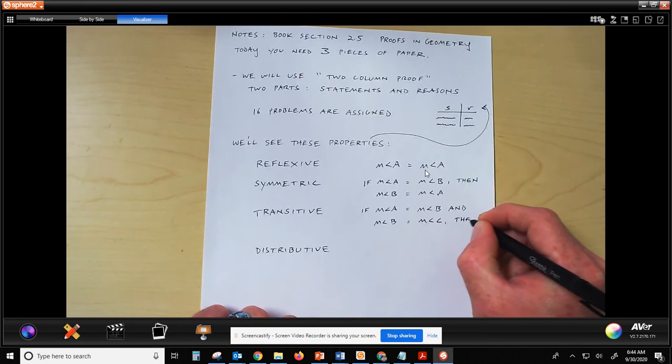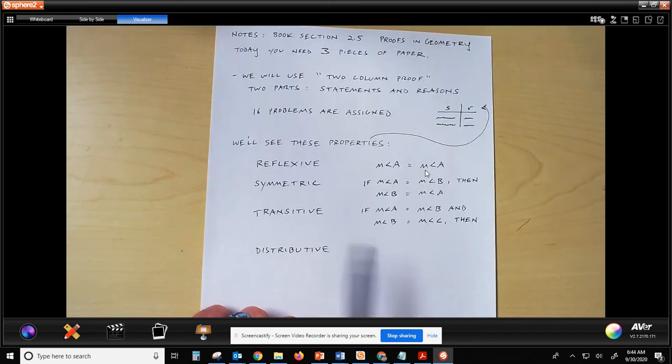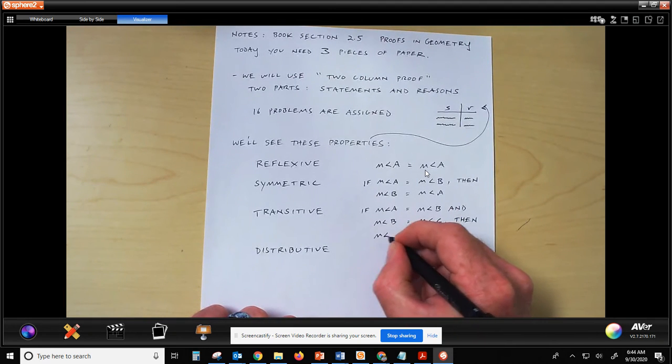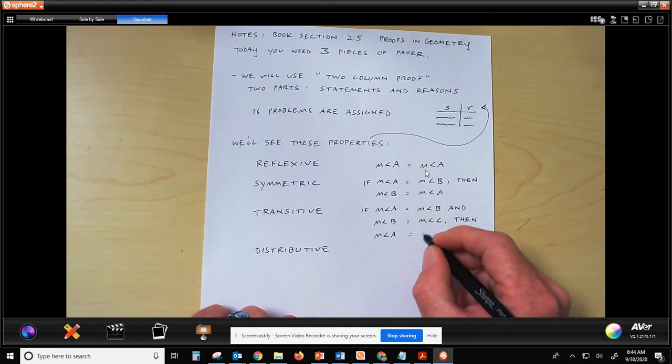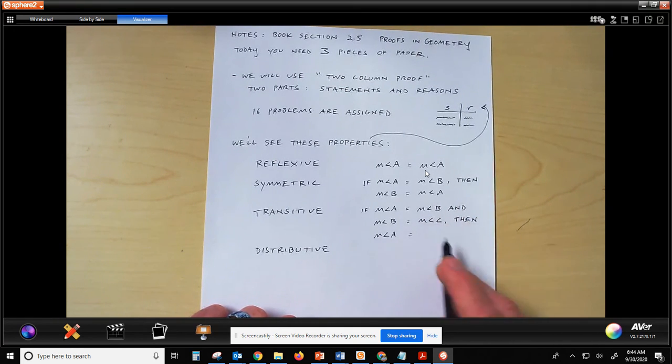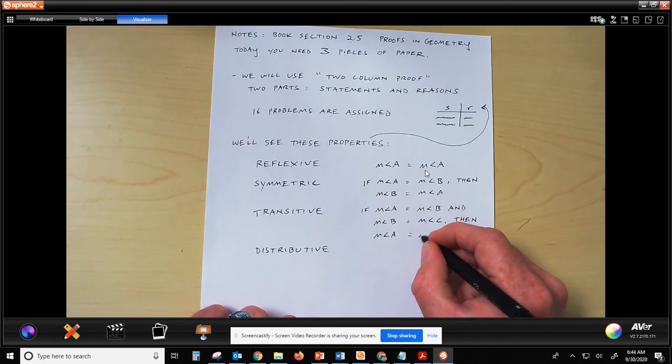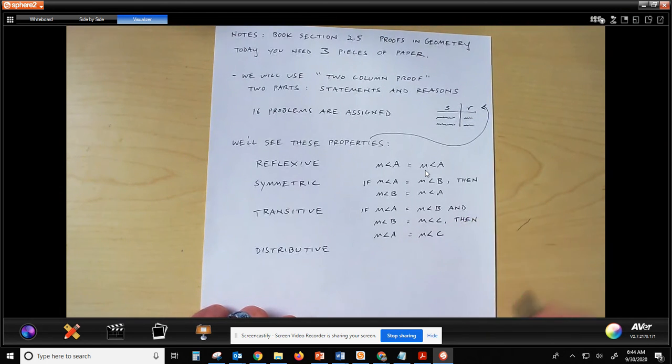Then we may say, by the transitive property of equality, we may make a leap that the measure of angle A is equal to the measure of angle C. We haven't seen this measure of the angle for a while, so this is useful today. And I want you to be refamiliar with saying the measure of angle A.